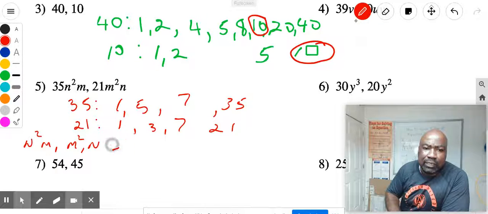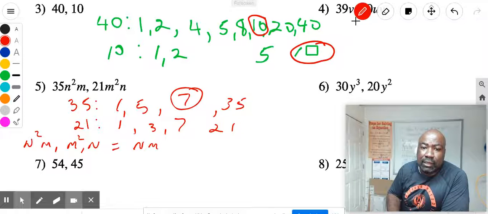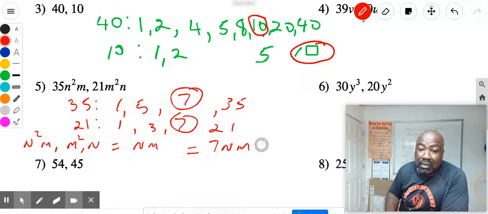So what I'll do right here, I will factor out an n and I will factor out an m. So therefore, when you take a look at your greatest common factor, which will be 7, when you write this right here, it will be 7 and m. Some of you may write it 7mn. Still the same thing.